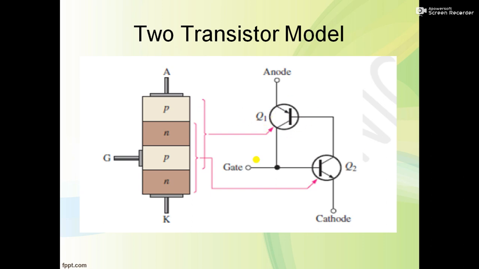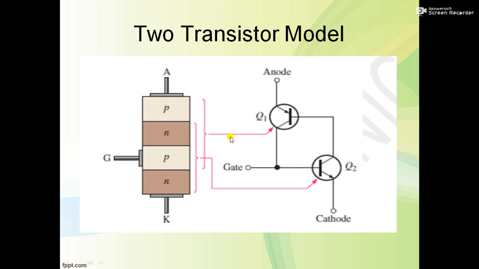This results in an increase in the base current of transistor Q2 again. When the emitter current of Q1 increases, the IC1 of Q1 acts as the base current of Q2. As IC1 increases, IB2 automatically increases. The increment in the base current of transistor Q2 results in a further increase in IC2.